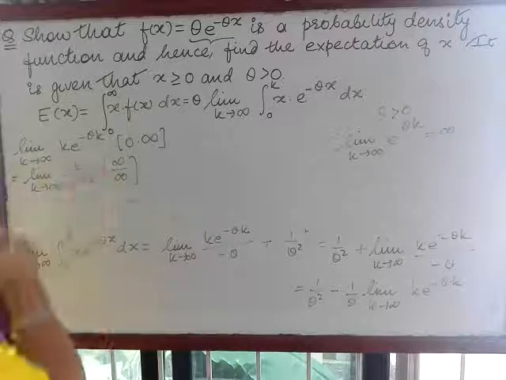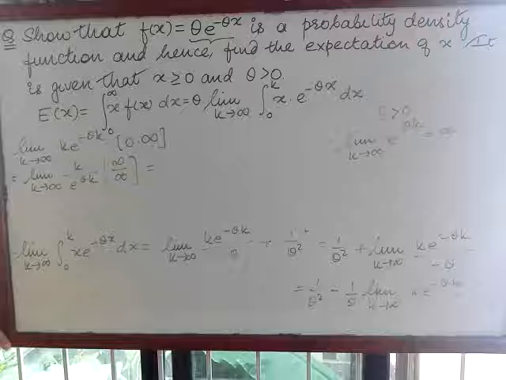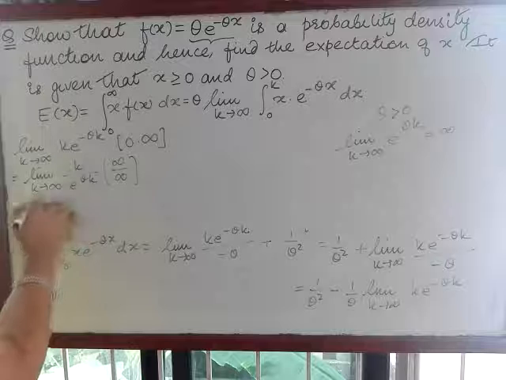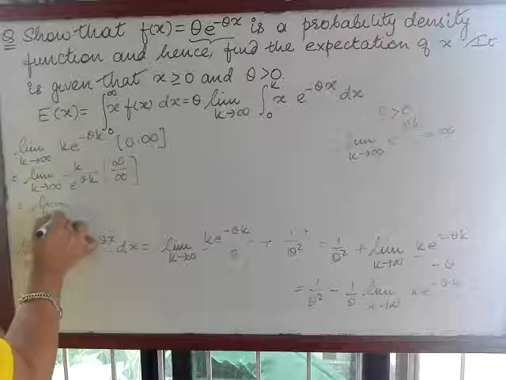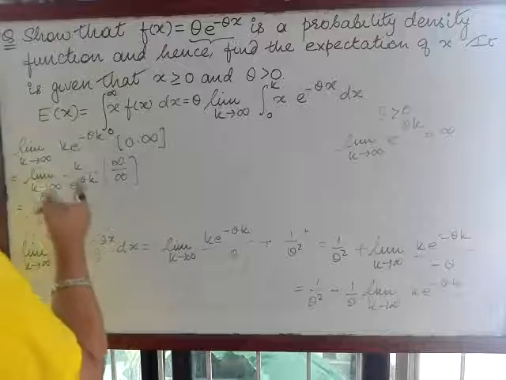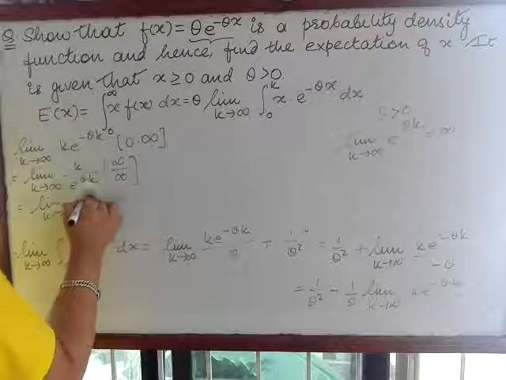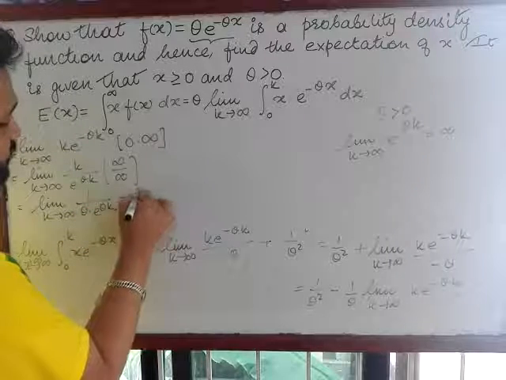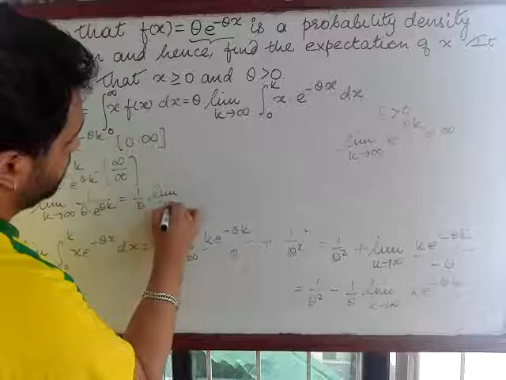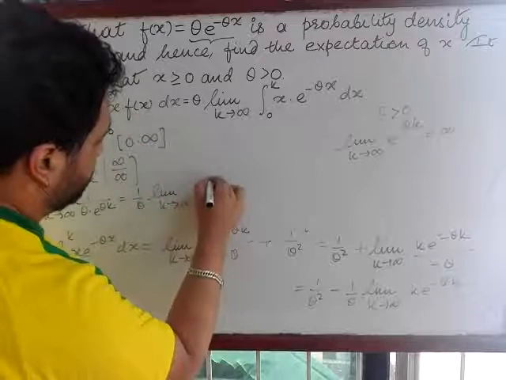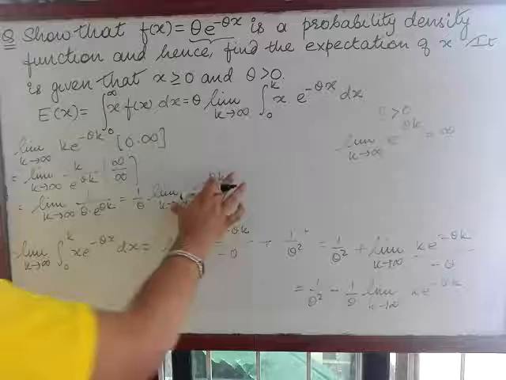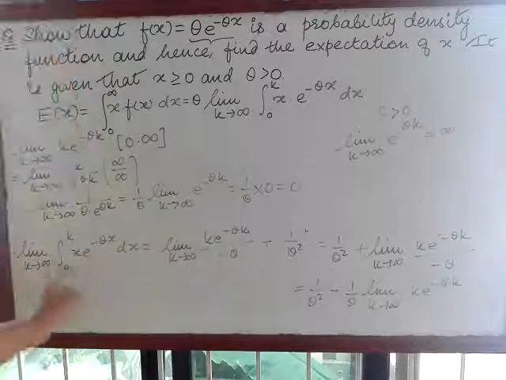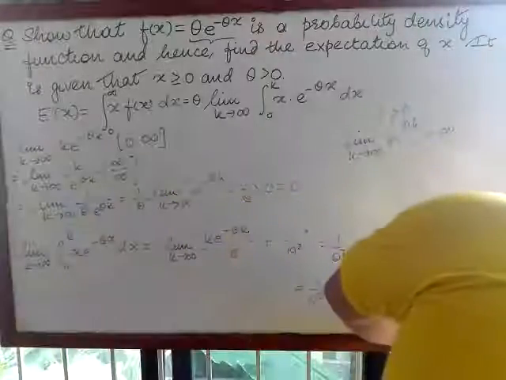So let's differentiate the numerator and the denominator with respect to k. This is 1 over theta times e to the power theta k. So this is 1 by theta times the limit as k tends to infinity of e to the power minus theta k. We already know that this is 0, so this is 1 by theta into 0, which is equal to 0.